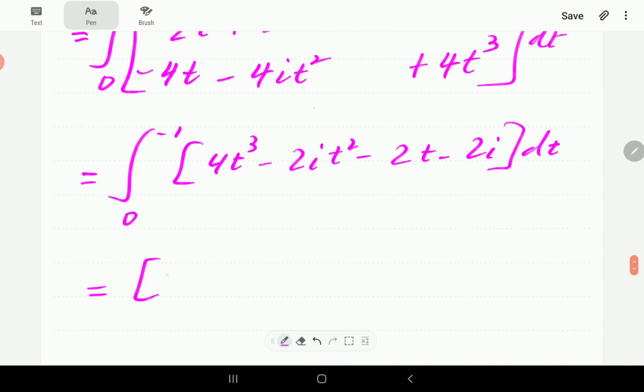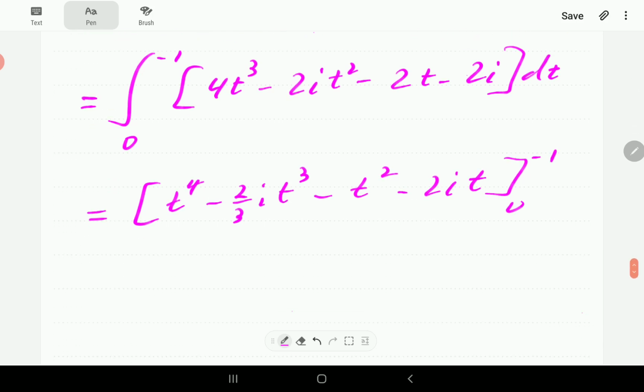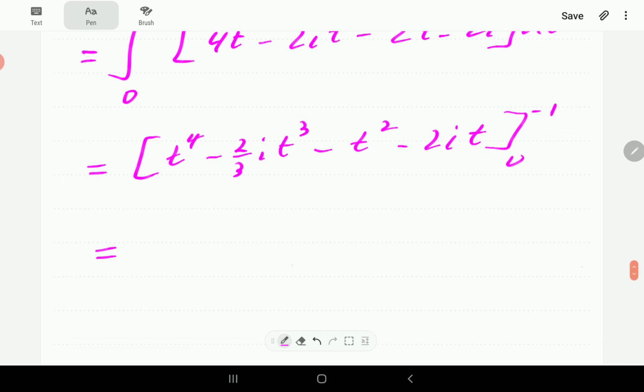Then we integrate this. 4t cubed integrates to t to the power 4. This is going to be 2/3 i t cubed, then t squared, and there's going to be 2i times t. Again, the only limit that's going to give us something non-zero is the upper limit. The lower limit is going to give us 0 right across. So plug in negative 1 here, we're going to get 1.